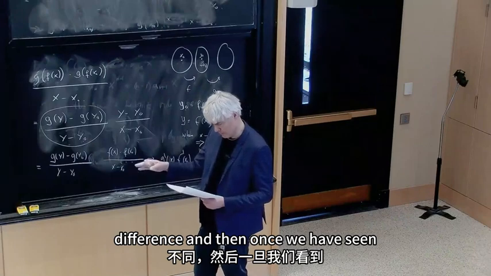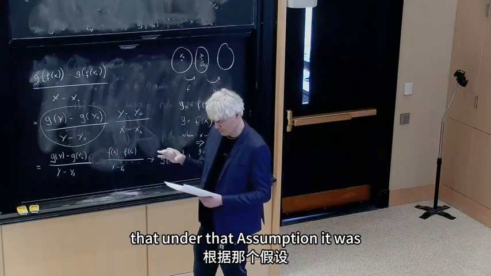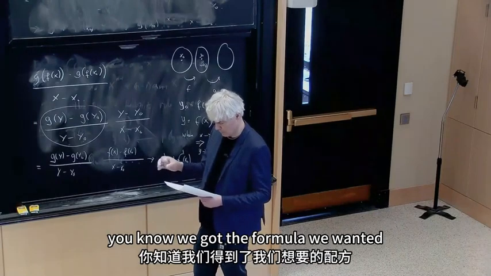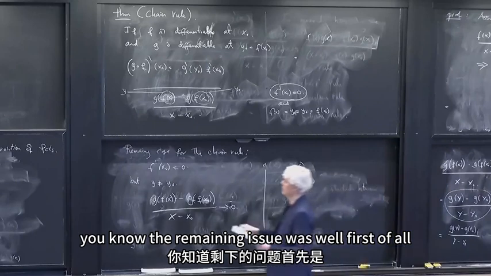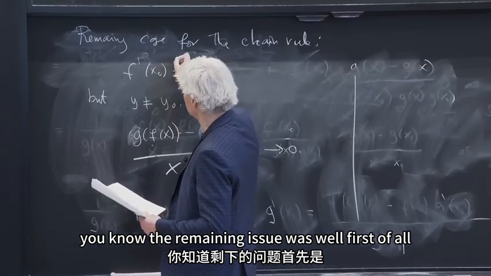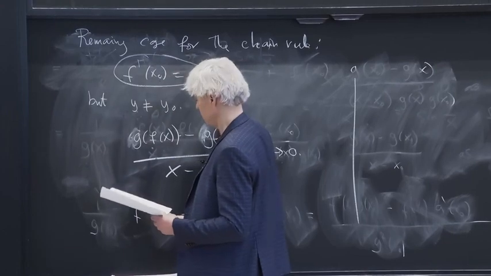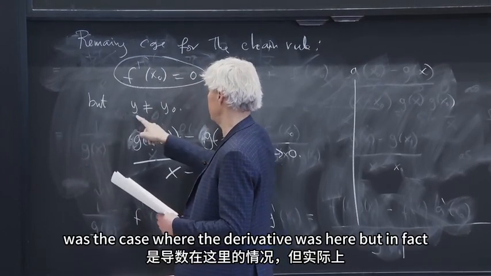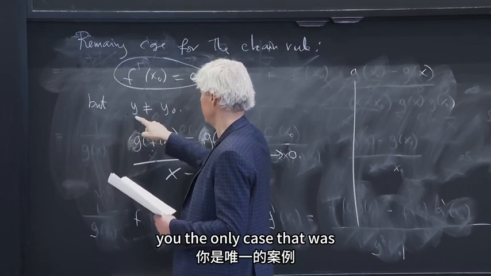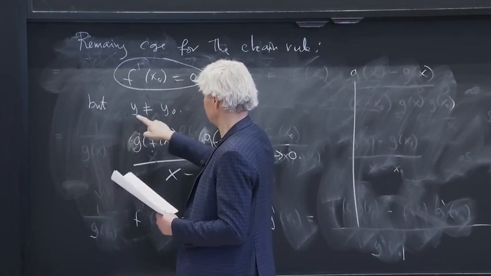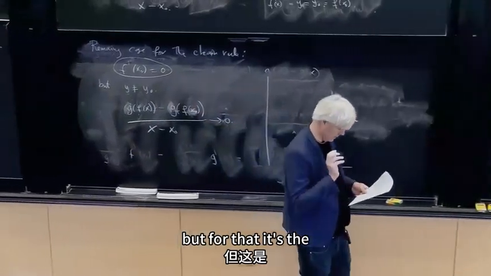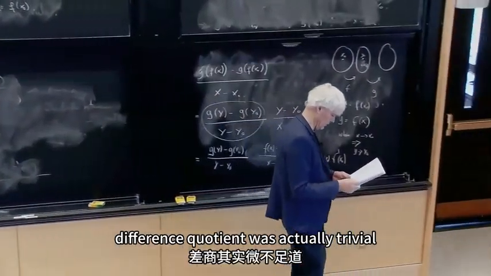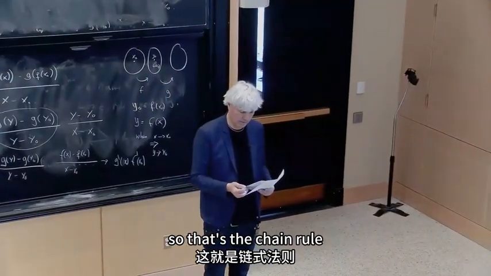And then once we have seen that under that assumption we got the formula we wanted, we go back and say that the remaining issue was the case where the derivative was 0, but in fact the only case that was potentially a problem was when y was equal to y0, but for that, the difference quotient was actually trivially 0. Okay, so that's the chain rule.